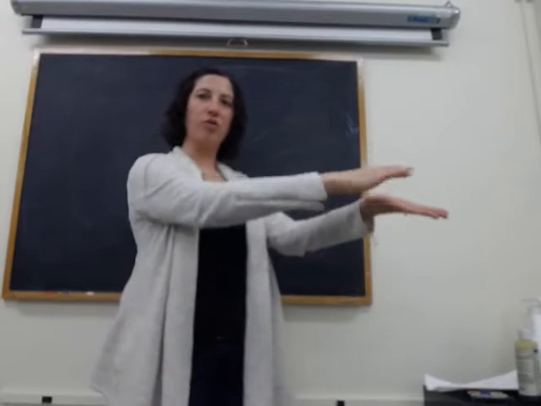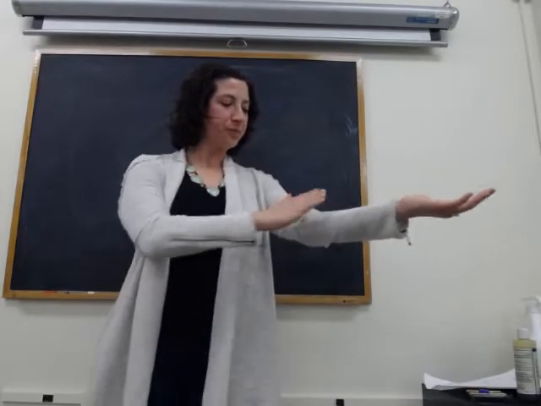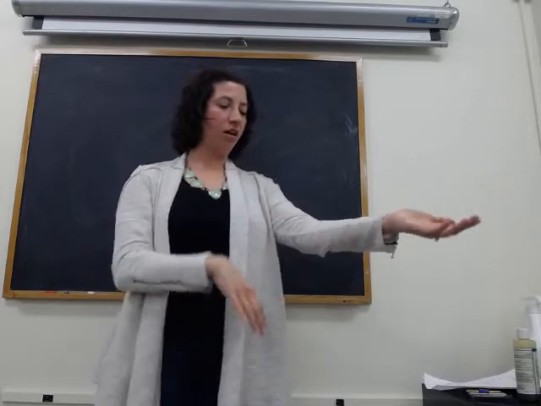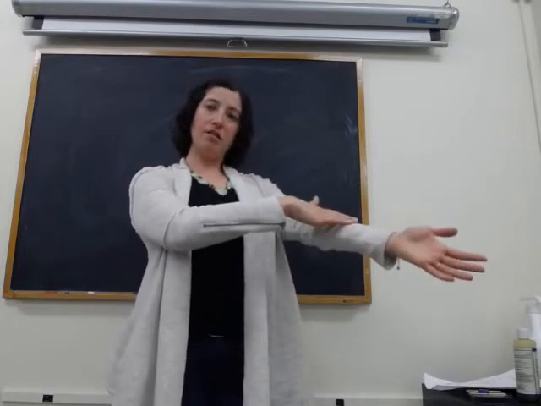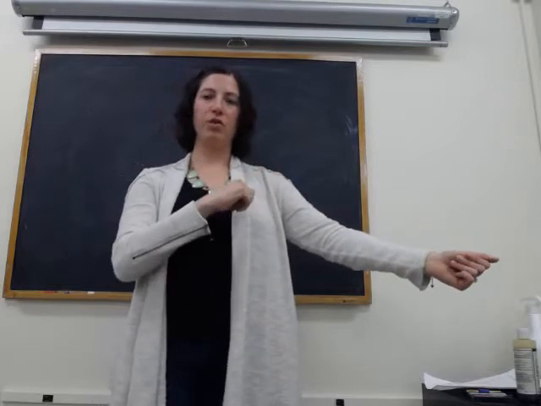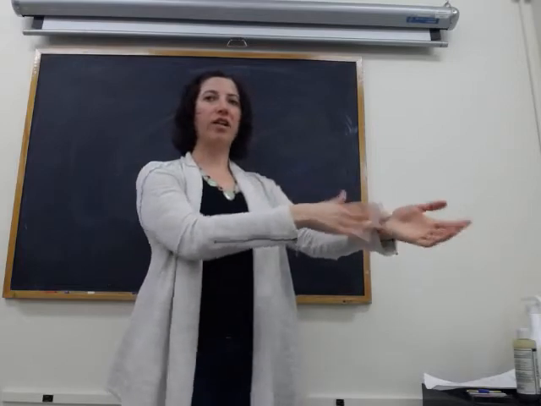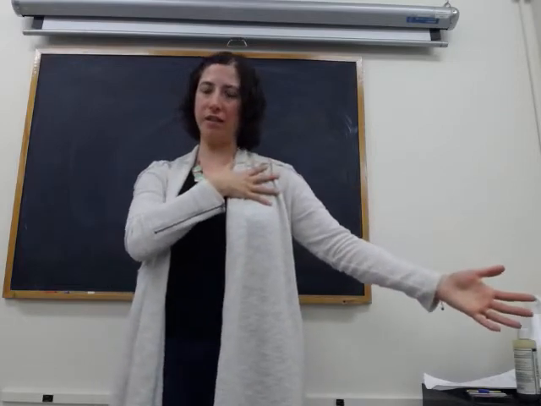Distal means further out, towards the tips of your fingers. So we could say our radius is distal to our humerus. Or we could say our humerus is proximal to our hand, so it's closer to the core body.